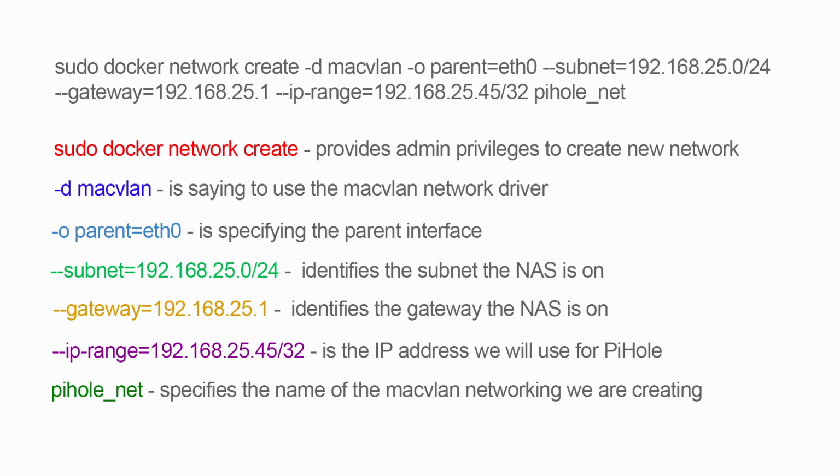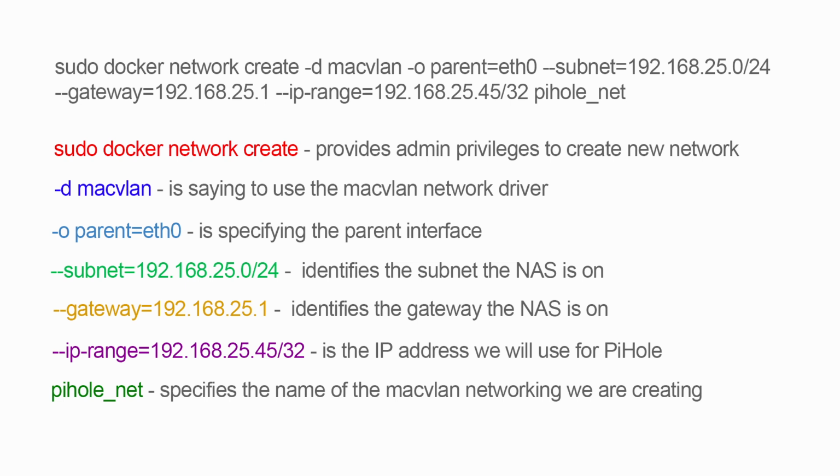-o parent=eth0. Remember, we looked up the interface using the ifconfig command, and this just specifies that that's the interface the NAS is using. --subnet=192.168.25.0/24 identifies the subnet that the NAS is currently on. Now your subnet may be different, so you would plug in your information on this part of the command. --gateway=192.168.25.1 identifies the gateway that the NAS is on.